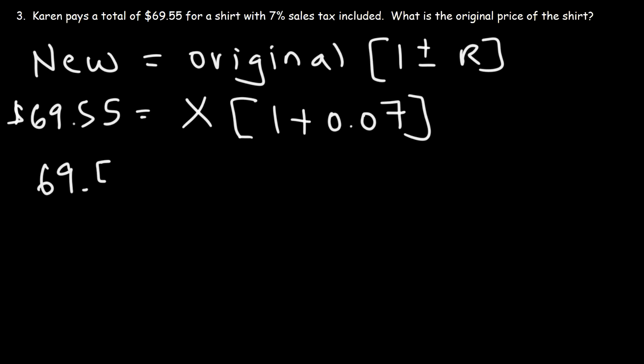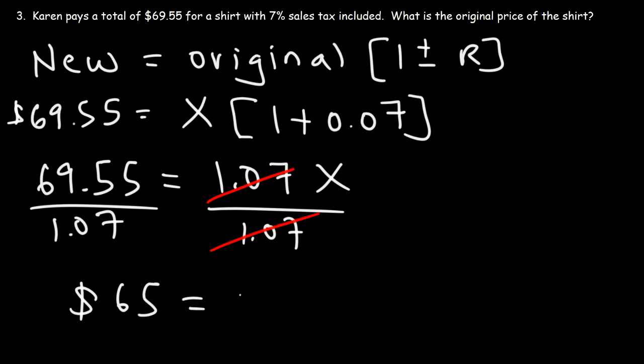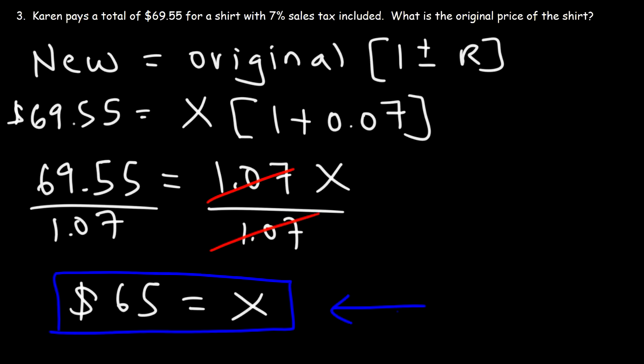So we have 69.55 is equal to 1.07x. So we need to divide both sides by 1.07. 69.55 divided by 1.07 gives us $65. So this is the original price of the shirt. So that's it for this problem.